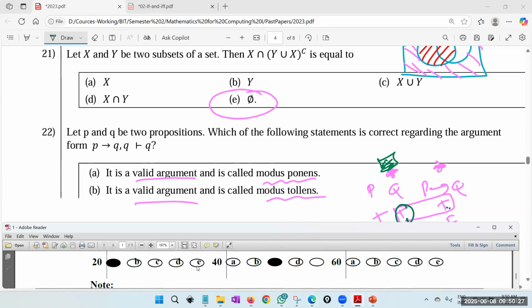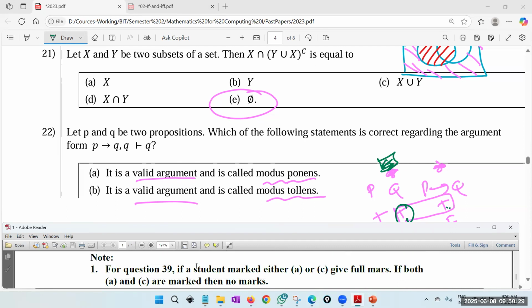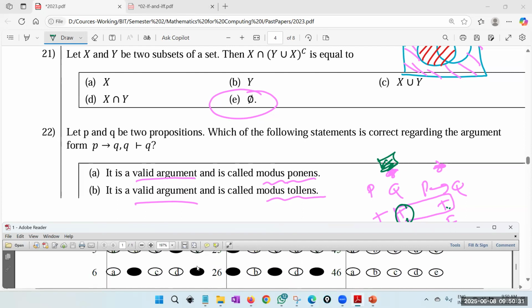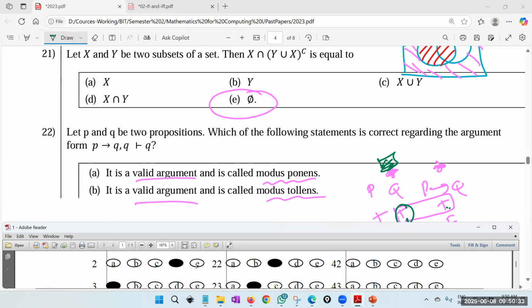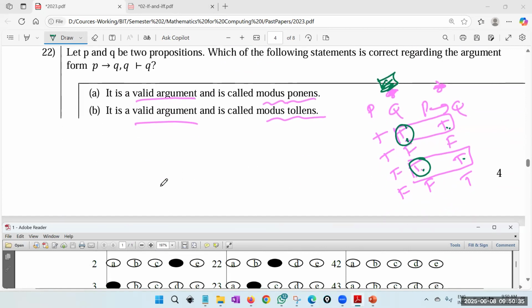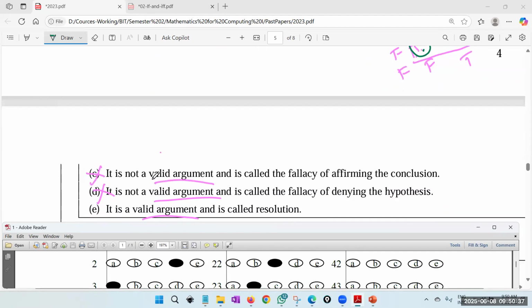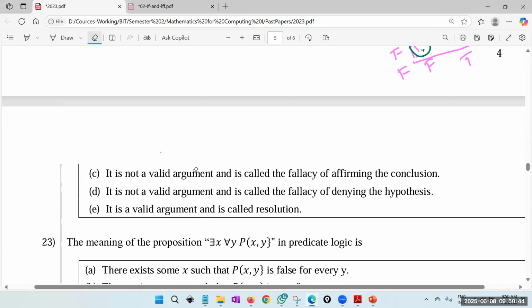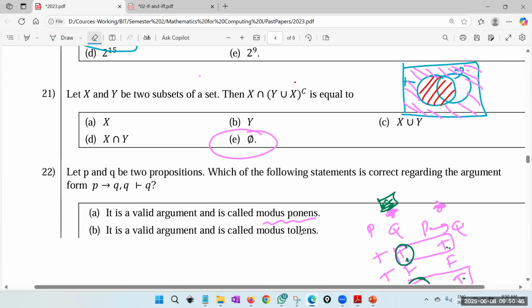22. No, they talk about 39. So 22, I don't agree that it is invalid. Okay. So therefore, I want to ask this from ChatGPT. Definitely, because in both ways I get it as valid.